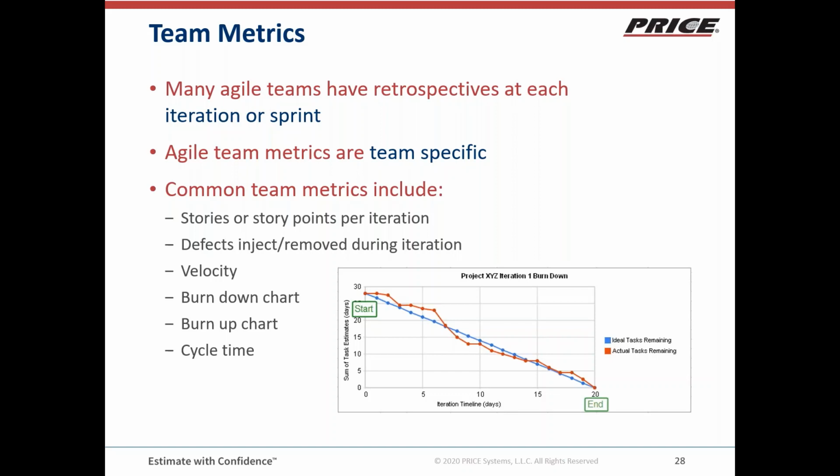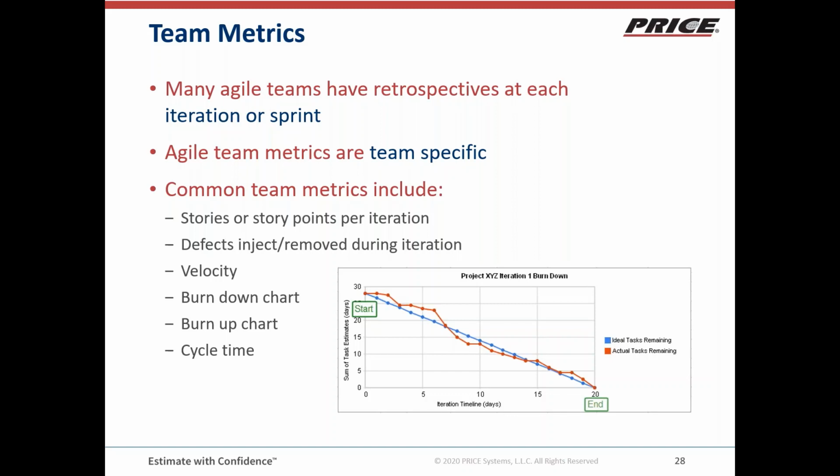So common team metrics include things like stories or story points, how many stories per iteration or how many story points per iteration, how many defects have been found, how many have been removed. Over time, collecting information about how many defects were injected that didn't get fixed within an iteration and moved into another iteration or into the field.